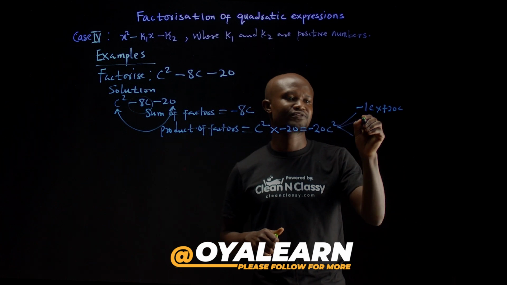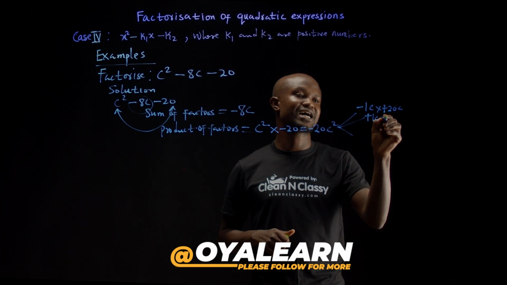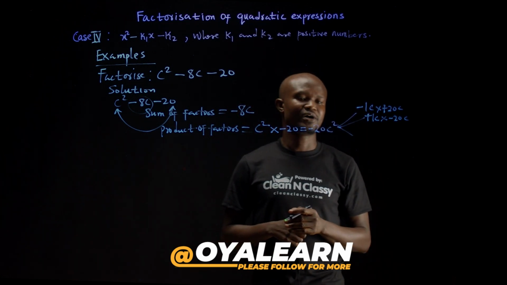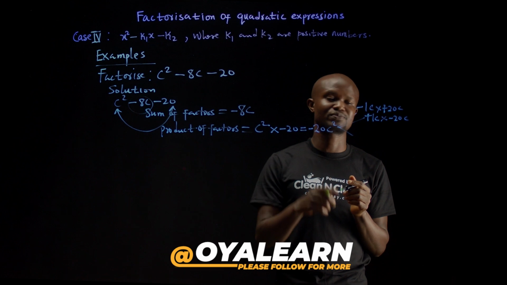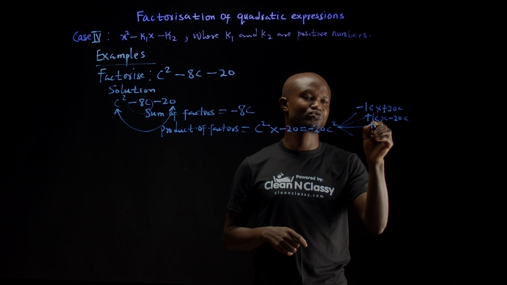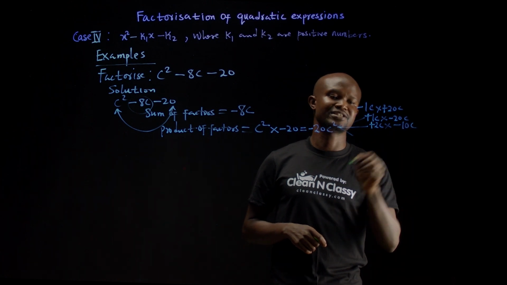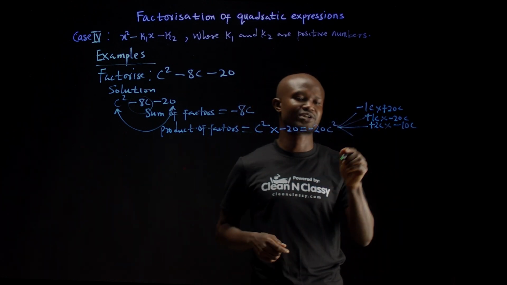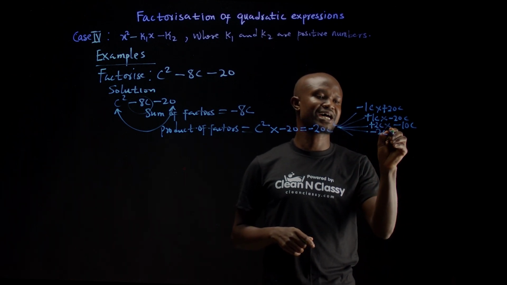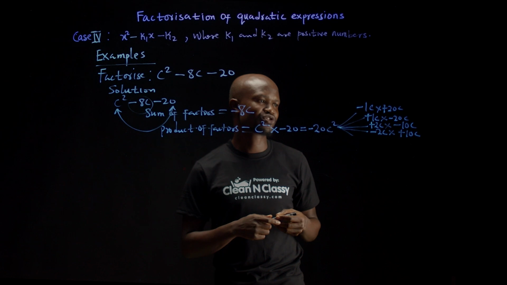We can also have positive 1c times negative 20c, because 1 times minus 20 gives us minus 20. Also we can break this as plus 2c times minus 10c. 2 times minus 10 gives minus 20. We can also break it as minus 2c times plus 10c. Minus 2 times 10 gives minus 20.